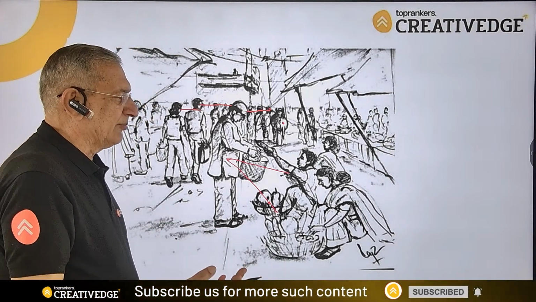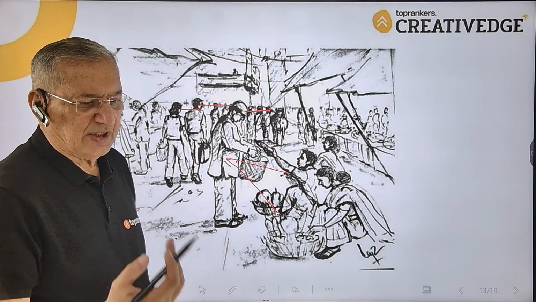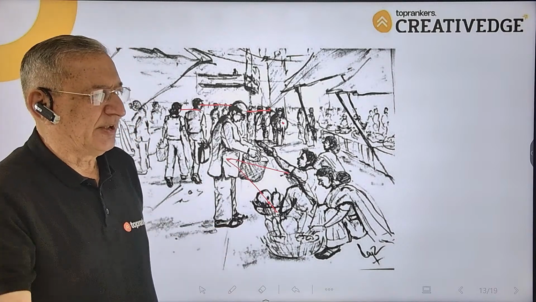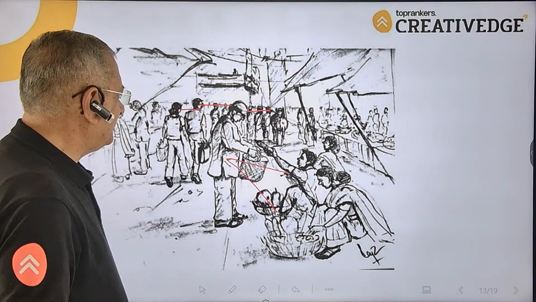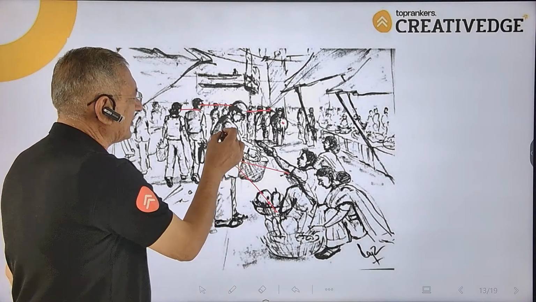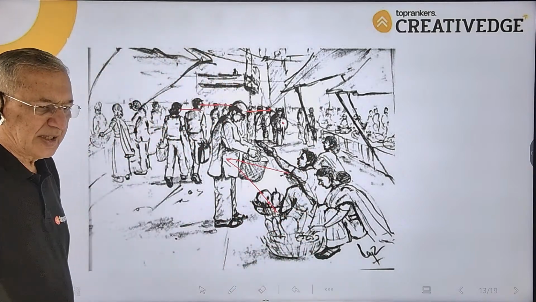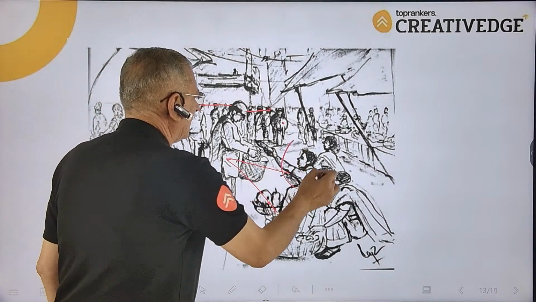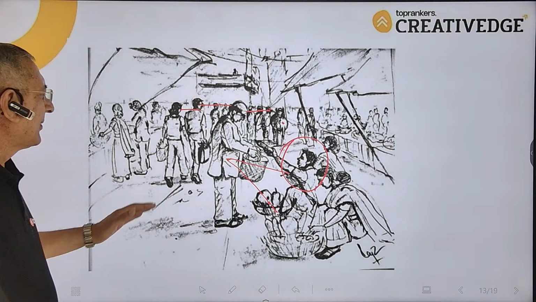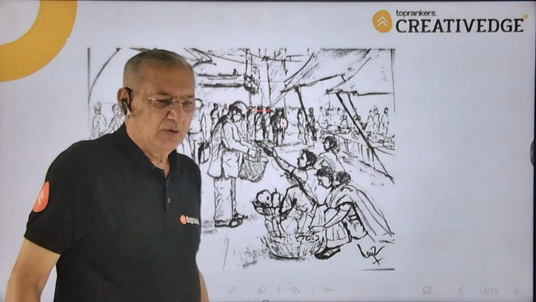If the money is compromised, then they talk in terms of "थोड़ा धनिया पत्ती डालो ना भाई, थोड़ा मिर्ची डाल दो ना," kind of a thing. So you can understand it with the visual only. The guy is trying to bargain with the vendor here.